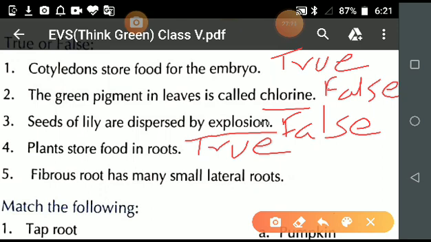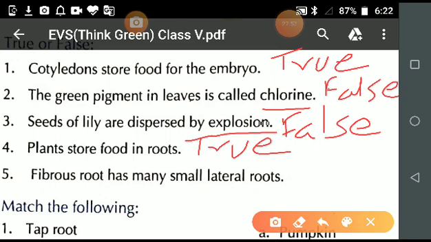Now, what are fibrous roots? They consist of many roots that grow from the end of the stem, or you can say roots of the same size that break off into small lateral roots. Is it clear? And what is the function of these lateral roots?